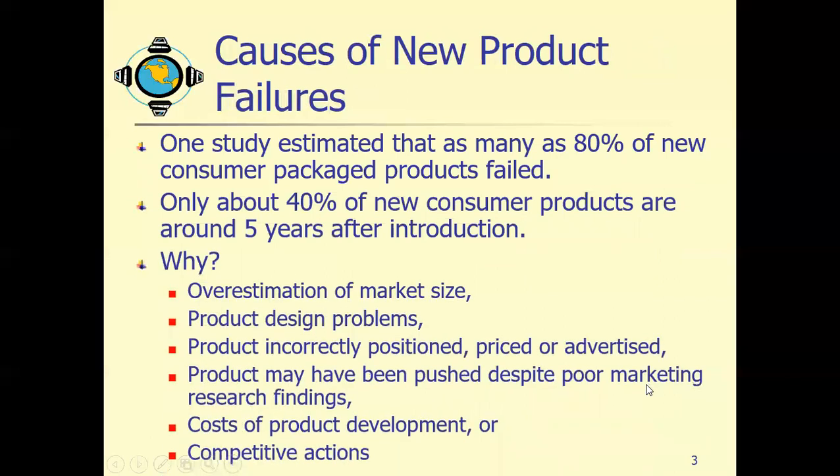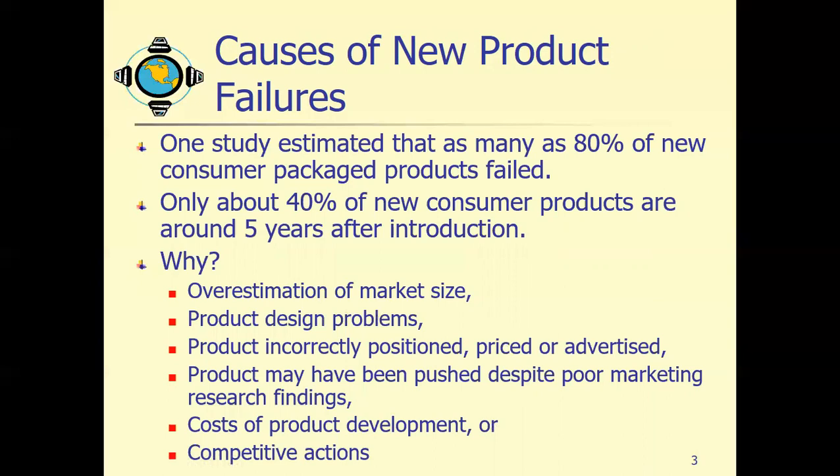We have seen there are some failures of new products in the market. So why do new products fail? We already have studied that: due to overestimation of market size, product design problems, incorrect positioning, price, and advertisements. The product may have been pushed despite poor marketing research.